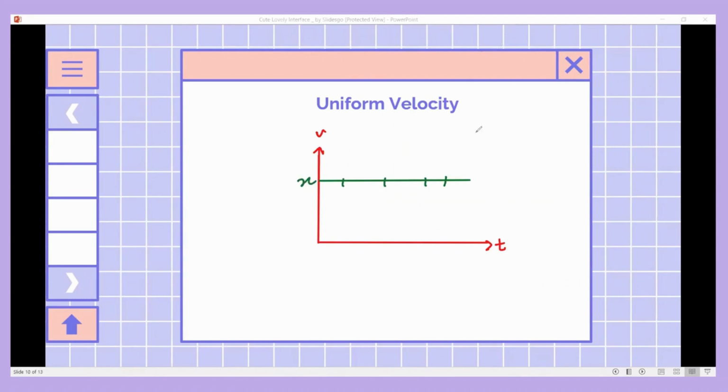So if the movement is having the uniform velocity, that can be drawn like this in the VT graph, but in the DT graph, we have to remember this is stationary. This is for no movement because the distance is not changing. But this kind of a plot in the VT graph tells us it is the uniform velocity.